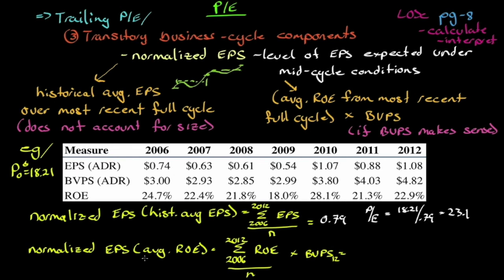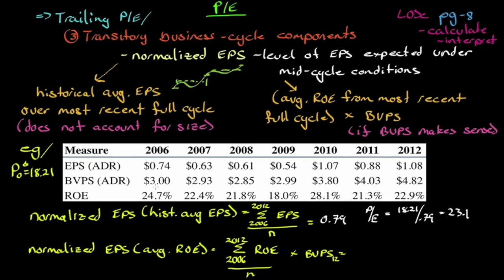Let's just see what we get when we use average ROE times book value per share. And here is our ROE over the same period of time. So to get the number we have here, we're simply going to add up all the ROEs, divide them by 7 to get our average ROE, and then simply multiply it by the book value per share at 4.82, the last book value per share, because that accounts for our size.